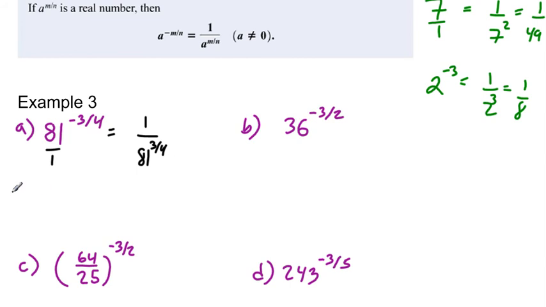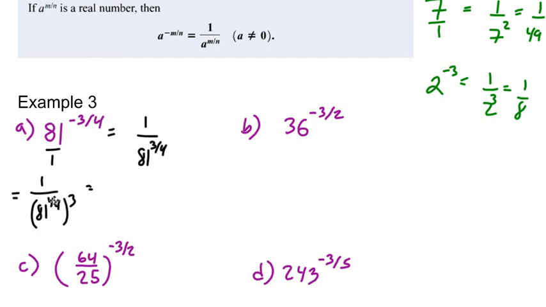Let's remember what this means. This means 81 to the 1/4 power, and then we raise that to the power of 3. We did that in the last example. So what is 81 to the power of 1 over 4?